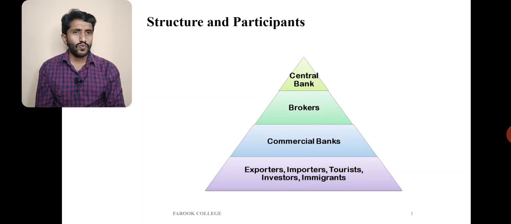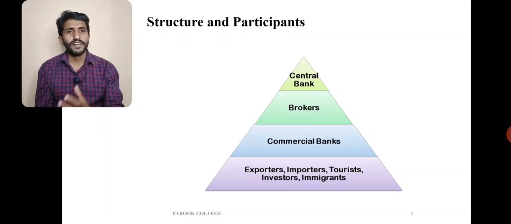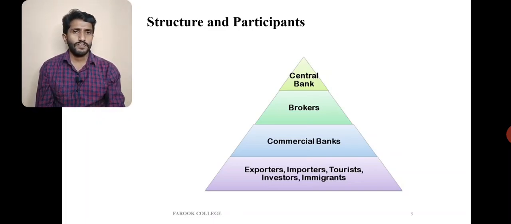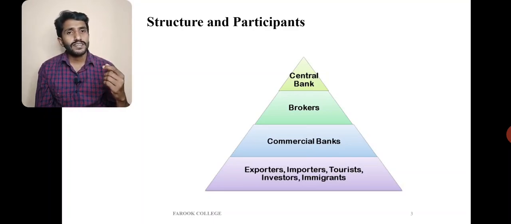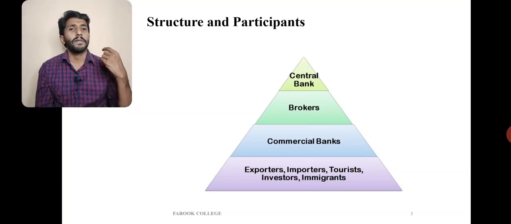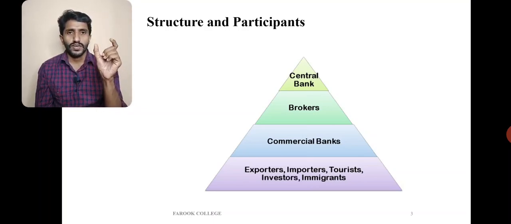So now what is the structure of this market? Who decides, who is the apex body of this market, and who are the participants of this market? The first thing you should understand, if you're talking about the Indian case, is that the RBI is the apex body of this forex market.